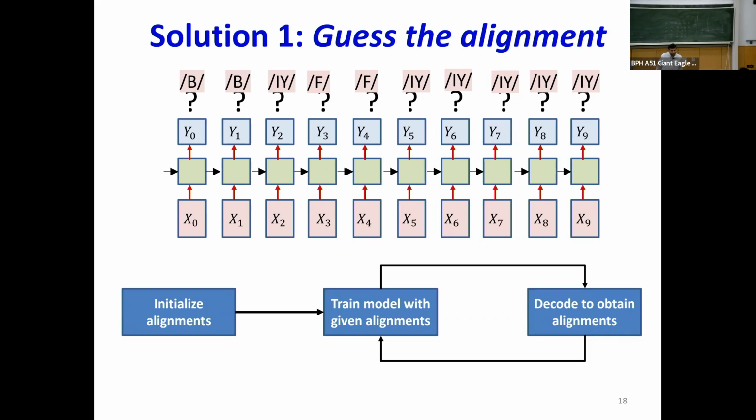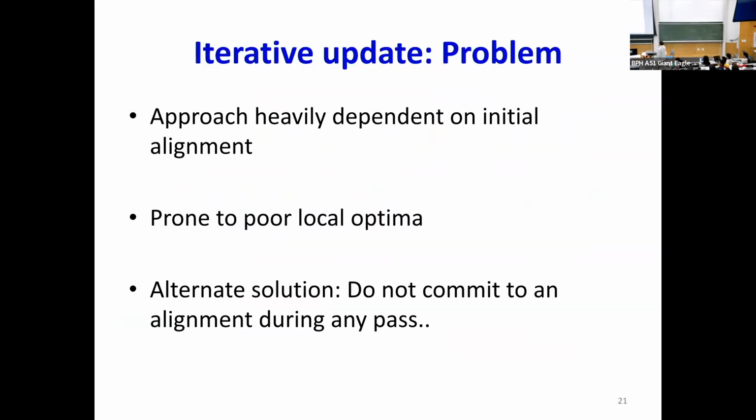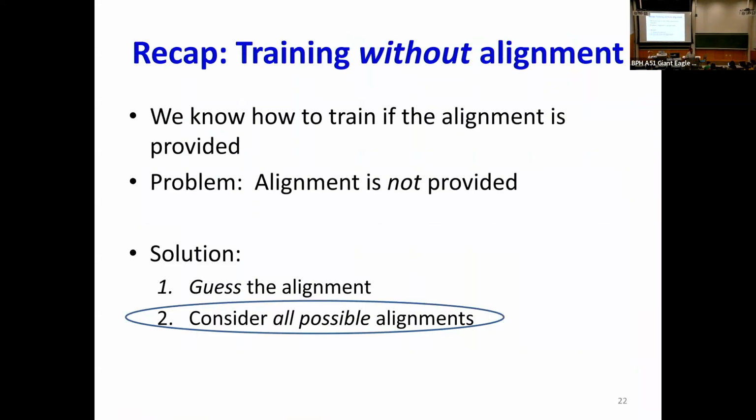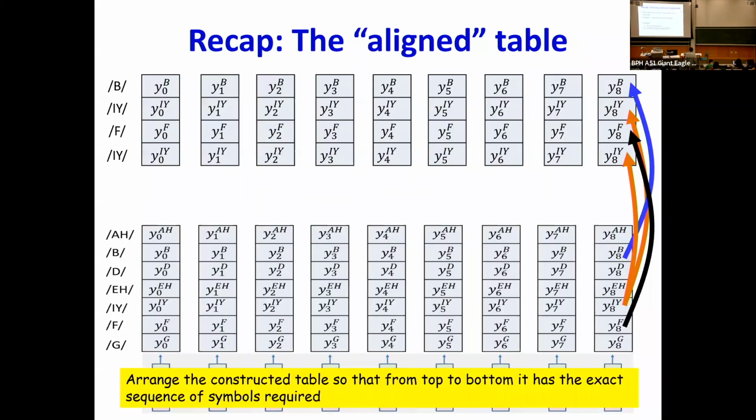We'll get back to it. What we did was pick the most likely alignment. The way we did this was we first took the table of probabilities output by the network. We pulled out the rows corresponding to the symbols in our sequence.